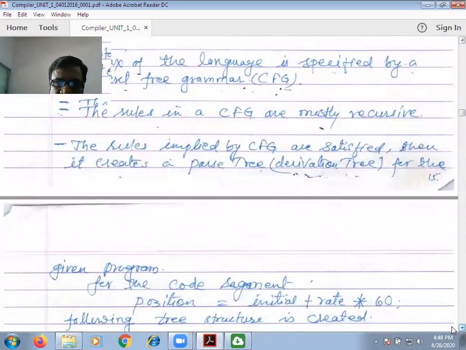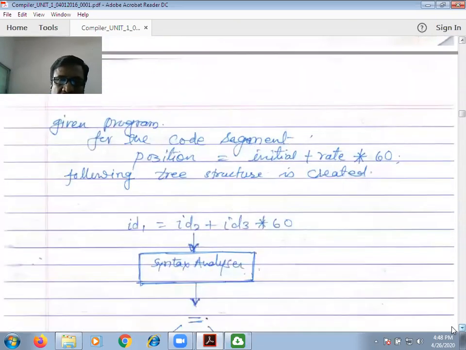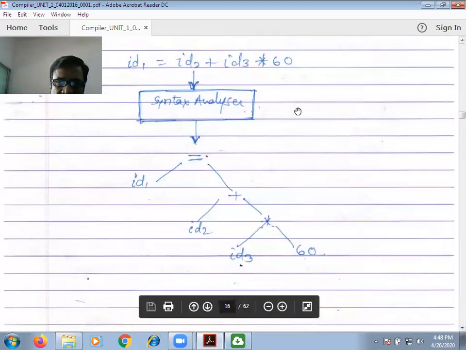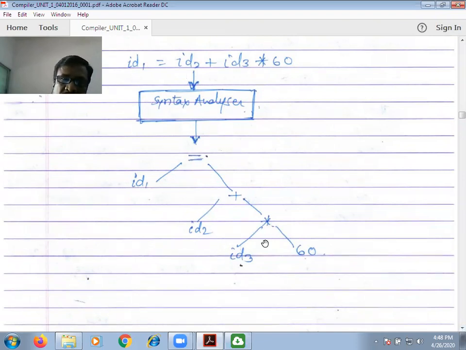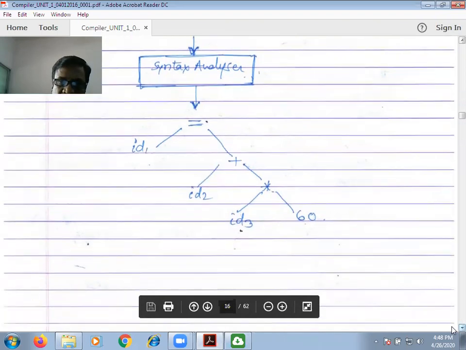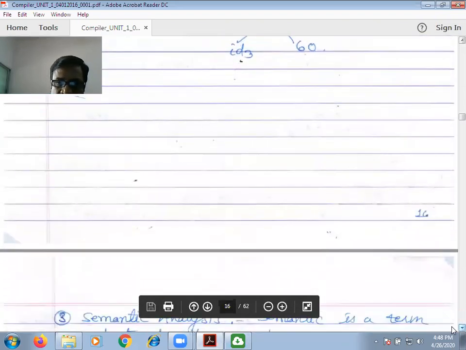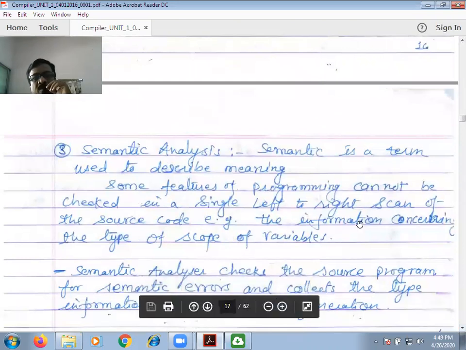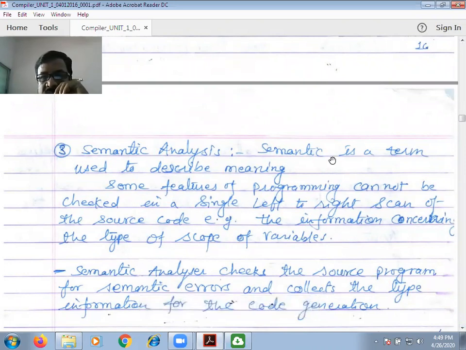This will be discussed in detail in the syntax analyzer chapter, but initially you can consider that the output of the syntax analyzer is only a verified parse tree, and this parse tree is further input to the semantic phase, that is the semantic analysis.